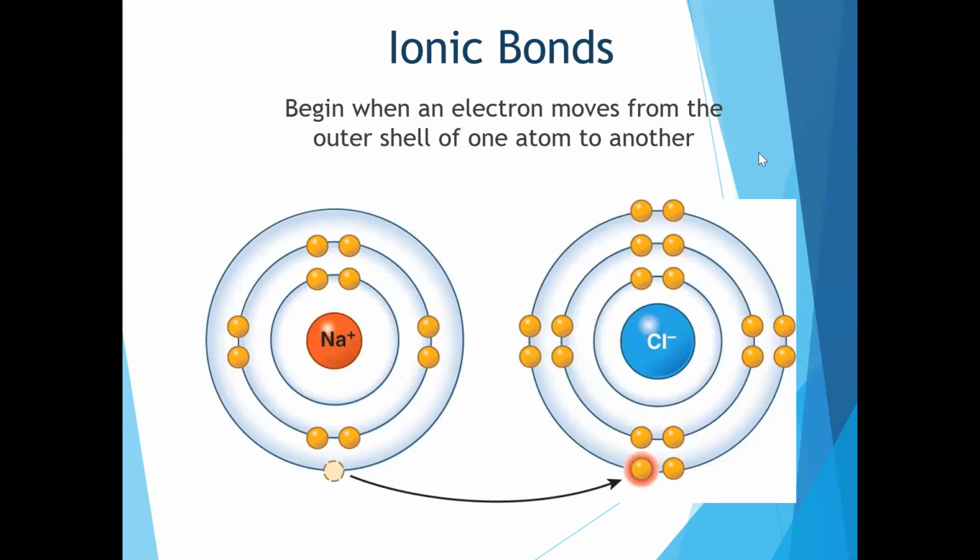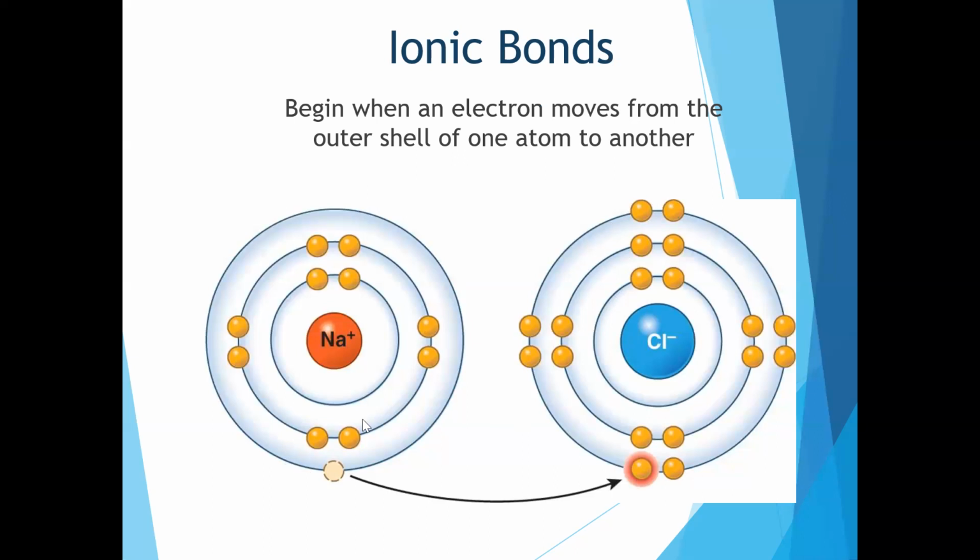The first one we'll talk about is an ionic bond. In this case, an electron actually transfers to another atom. You see this lonely electron out here on sodium will transfer to fill the outer ring on chloride.